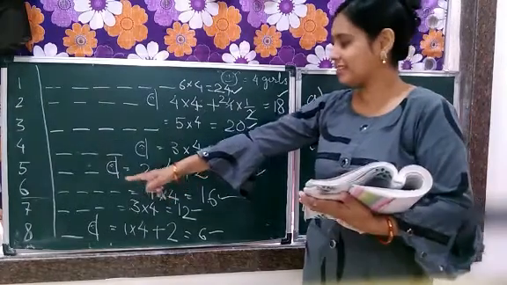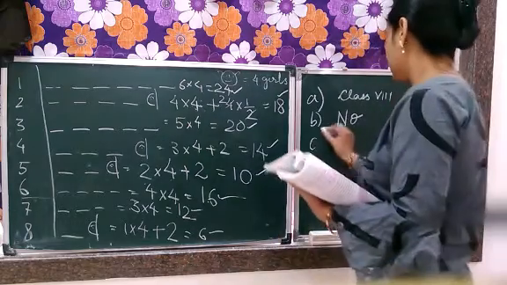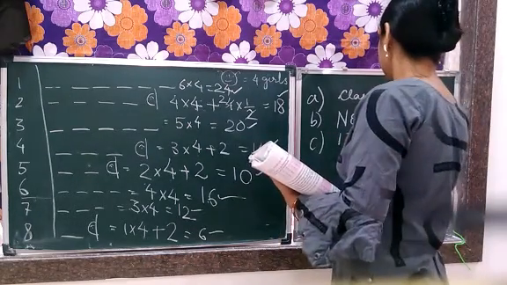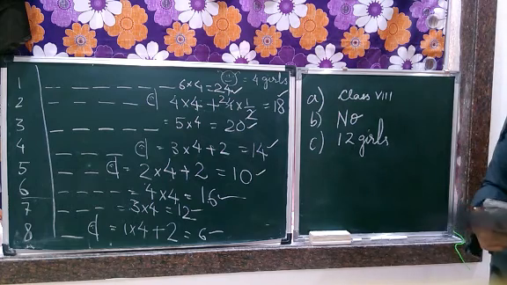Class 7: how many girls are there in class 7? Class 7 has 12 girls. So this completes question number 5.